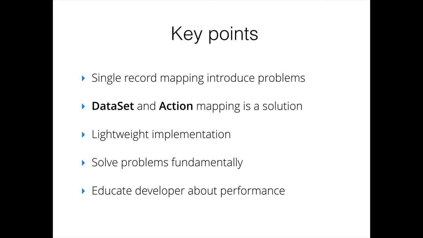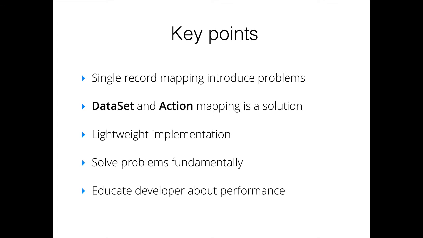So, key points from this presentation. Single record mapping does introduce performance problems. And instead, we introduce dataset and action mapping, right? So it's not record mapping, it's dataset and action mapping. Sounds a bit complicated, but that's a really powerful concept. The implementation is lightweight. We don't introduce invisible caches or any other magic.